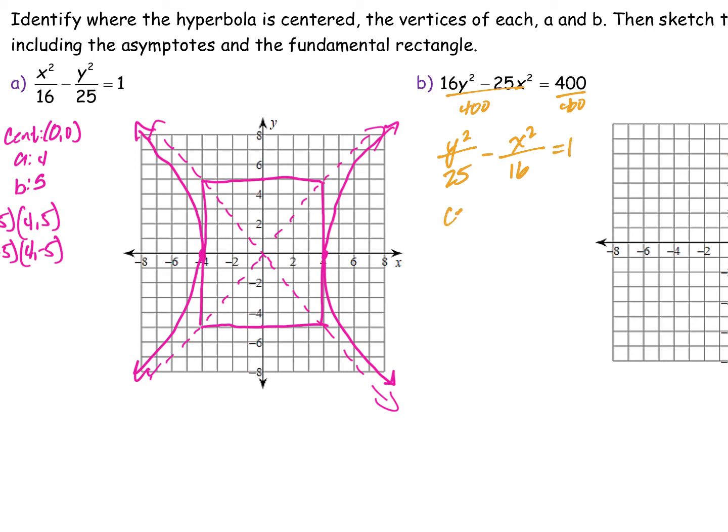So my center, again, is at (0, 0). A is 4, B is 5. Should look almost exactly like the other one, only opening in the other direction. My vertices should be (4, 5), (4, -5), (-4, 5), and (-4, -5).